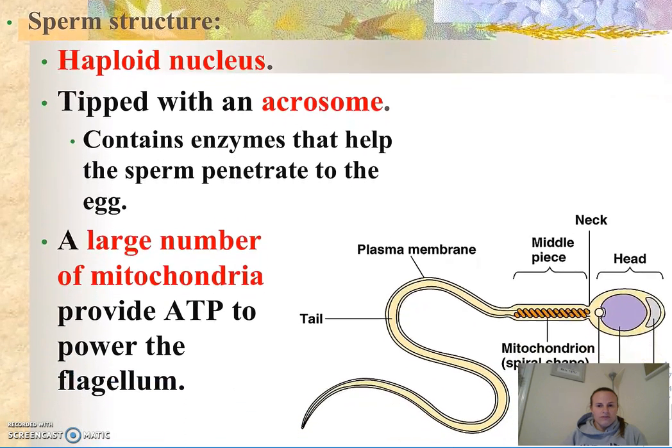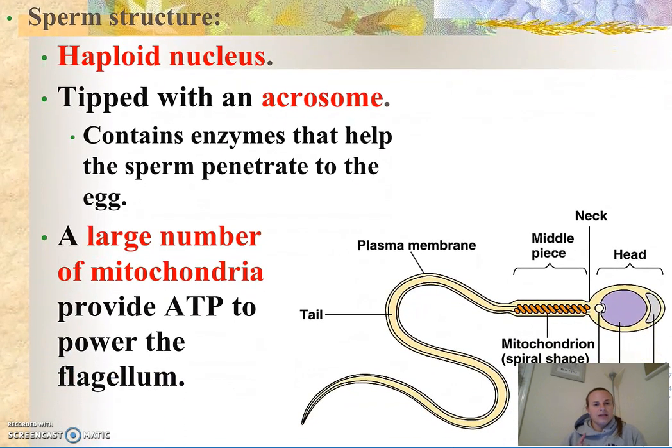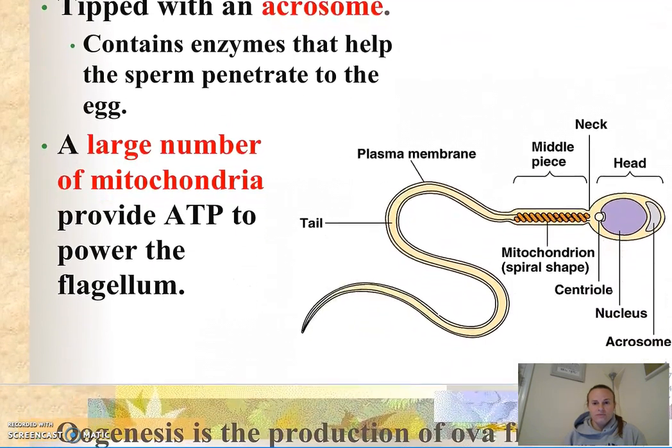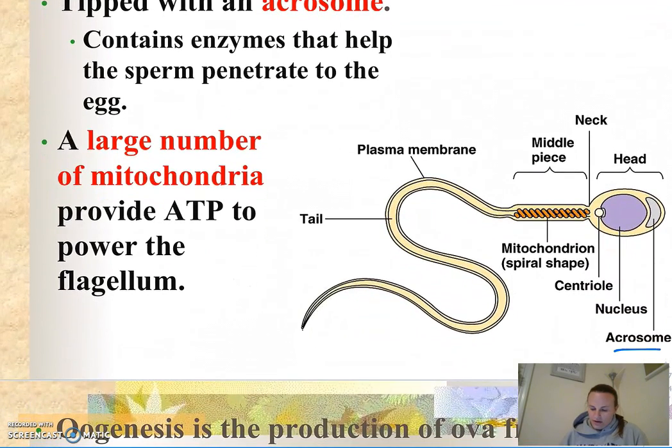The structure of the sperm is interesting. It's got a haploid nucleus that's got an acrosome on the tip of the head, and inside that acrosome, you've got enzymes that help that sperm penetrate the egg. That sperm also contains many mitochondria to help the beating of that tail so that the sperm can swim to where the egg is.